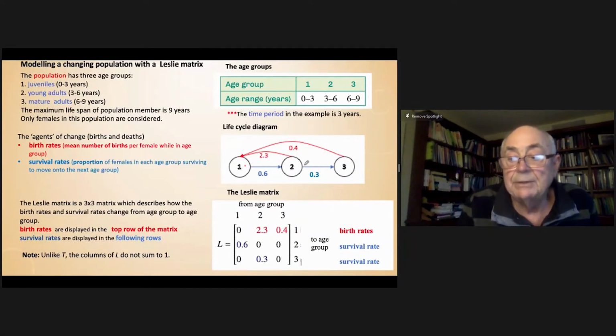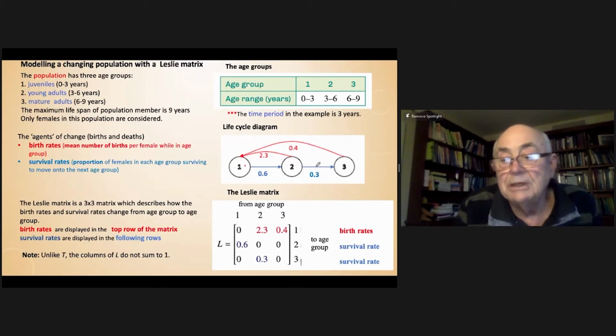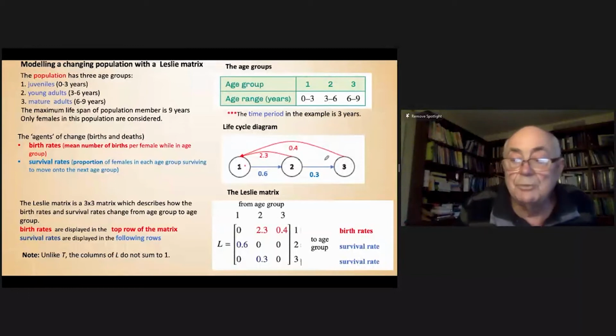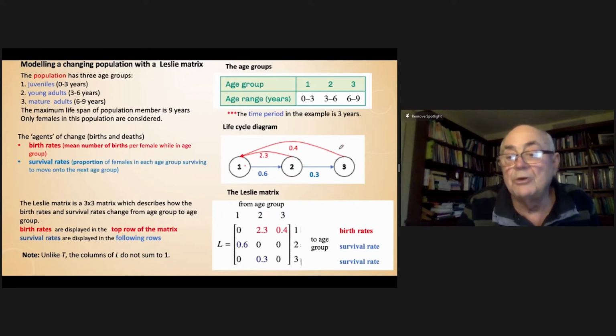And then we have another blue arrow that's indicating a survival rate. The survival rate is the proportion of seals that survive this one, a 0.3, or 30% of the young adults survive the age group of 3 to 6 and move on into age group 3.